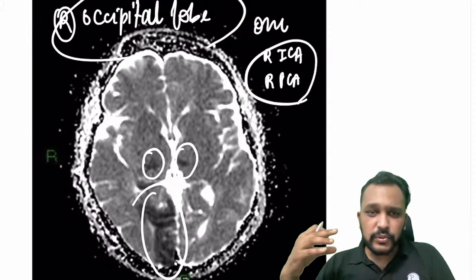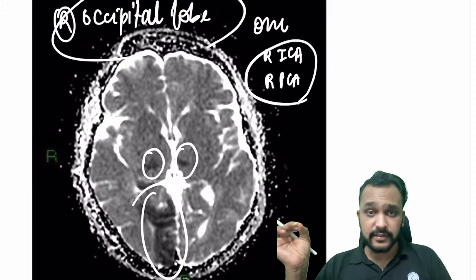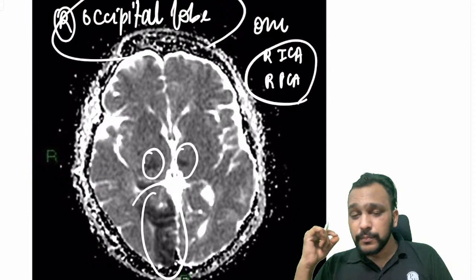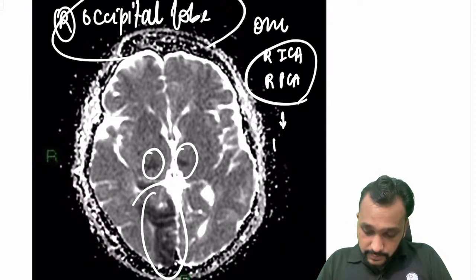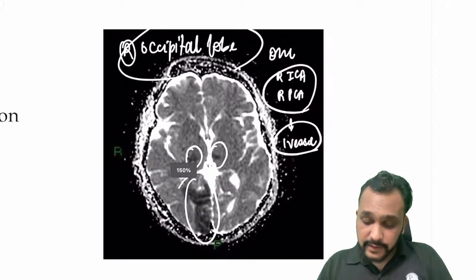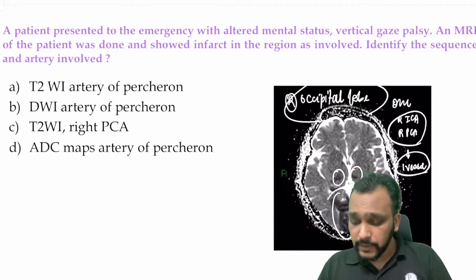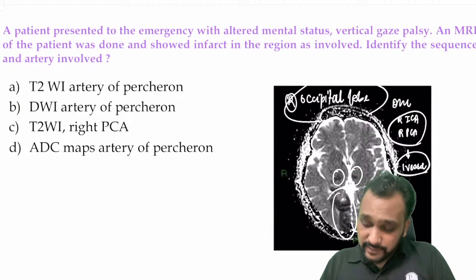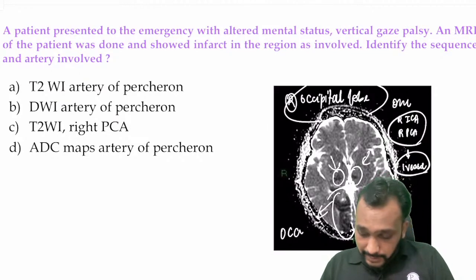Now here in this question, there is a patient having an infarct on both sides, and most likely it is due to the involvement of only one vessel. So guys, there is one vessel that supplies both the thalamus as well as the occipital lobe.